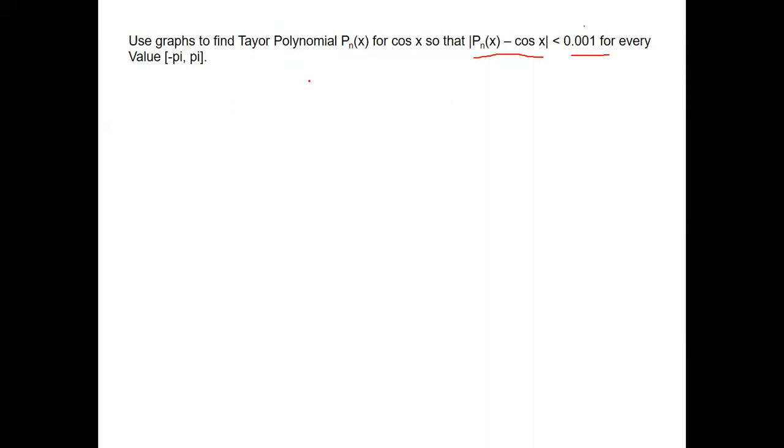So what we can do is we can do this graphically. I can graph the cosine function in y1, and then I can start graphing polynomial terms in y sub 2. And notice that I'm going to be on the interval from -pi to pi. So what I would want to do is to go in my graph and toggle back and forth between the polynomial and the cosine at pi and see if the difference between those two is less than 0.001. In fact, you might want to even make a third graph.